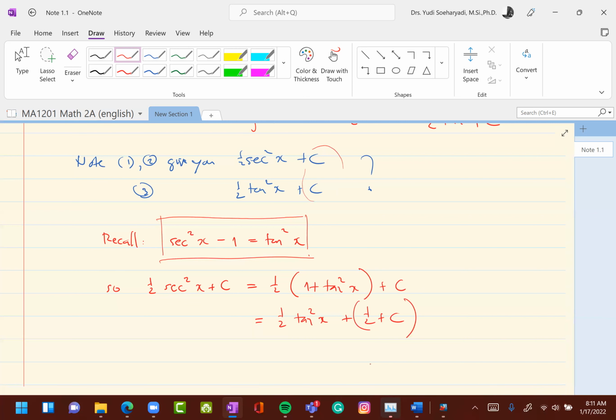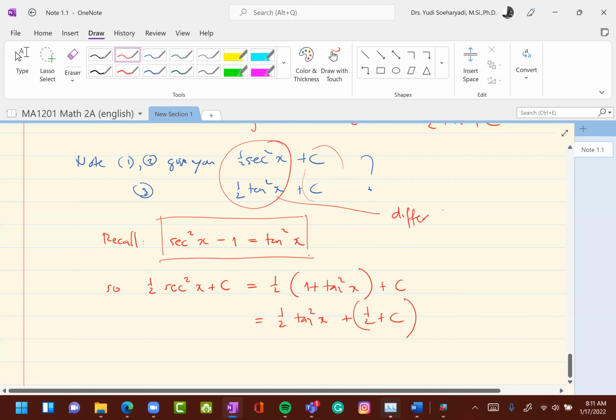So these two differ by a constant, because they are only different by this 1/2. So that's one of the main difficulties of doing integrals, because you might get different answers using two different methods, and both are correct.